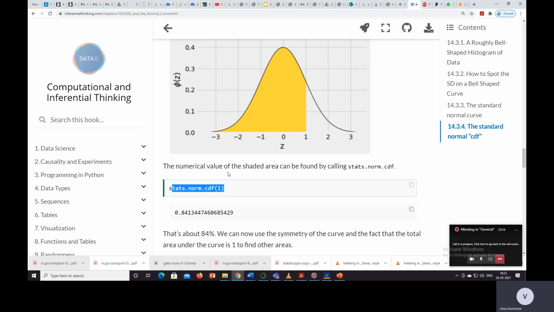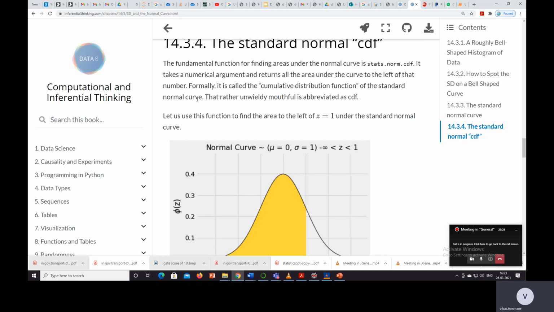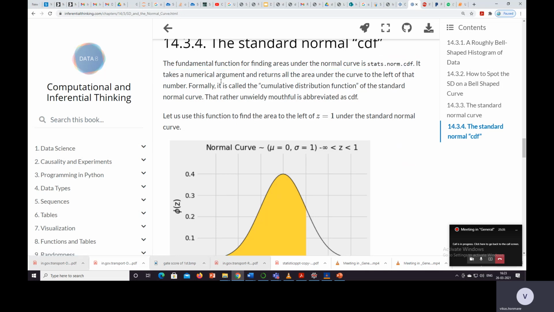Now suppose the inverse question comes: find the area to the right of z equal to 1. In that case, consider how stats.norm.cdf works. It returns the area under the curve to the left of that number.